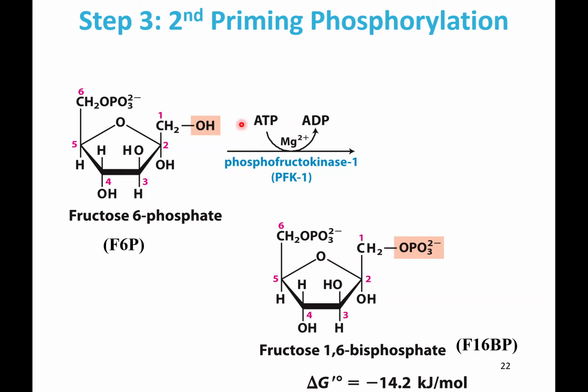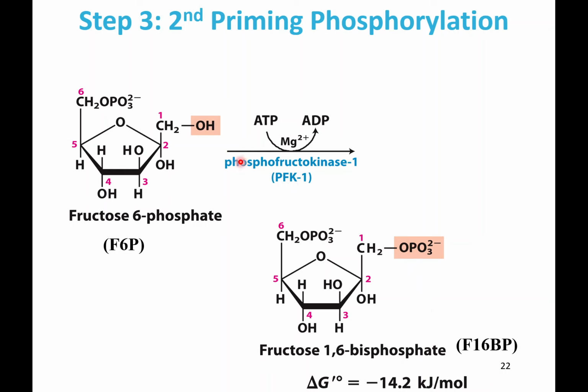Okay, we're adding a phosphate from ATP on carbon 1 now, and we're phosphorylating carbon 1, and that product we make would be fructose 1,6-bisphosphate, or F16BP. Okay, and that's another thing I should mention. The bis is telling you that there are two phosphate groups there.